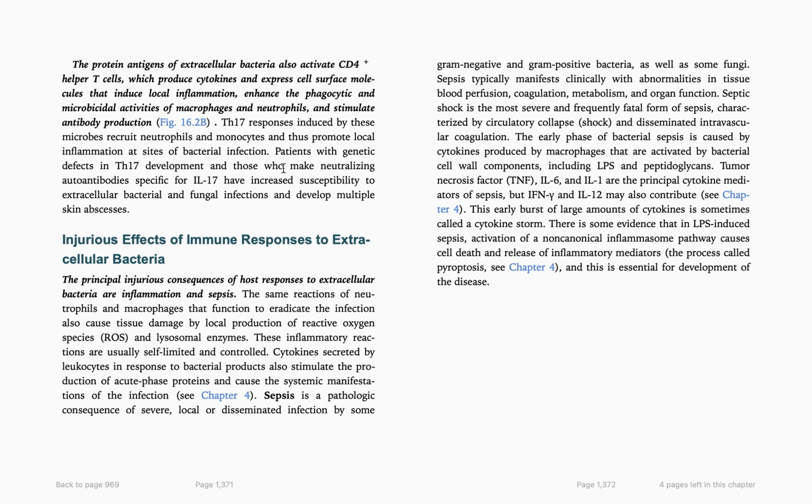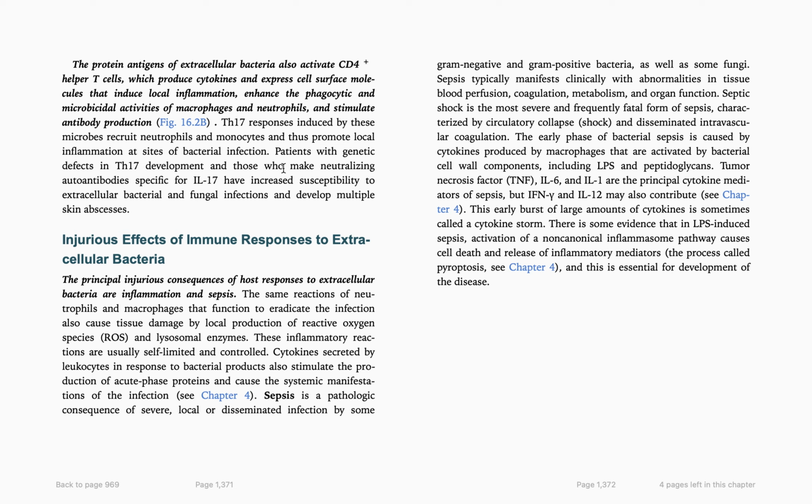Cytokines secreted by leukocytes in response to bacterial products also stimulate production of acute phase proteins and cause systemic manifestations of infection. Sepsis is the pathological consequence of severe local or disseminated infection by some gram-negative or gram-positive bacteria as well as some fungi.